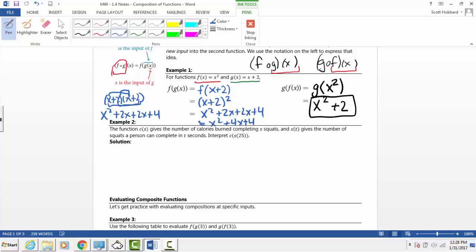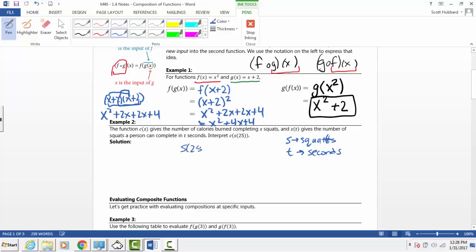Let's take a look at this example here. I'll let you read it. You can go ahead and pause and read it, and then come back. Okay, we're back. What it says is, let's interpret what c of s of 25 is. Remember s of t gives the number of squats a person can complete. So in this case, s is squats and t is seconds.